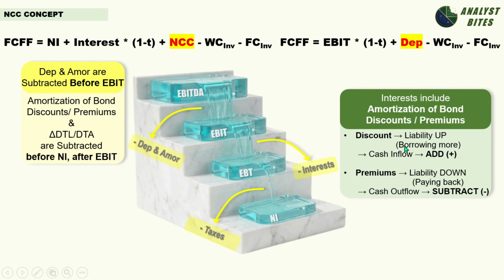To keep it simple, let's use the liability rule to understand it. For a bond issued at a discount, the company has to pay back a higher face value later. This means during the amortization period, the company is essentially borrowing more money from creditors.